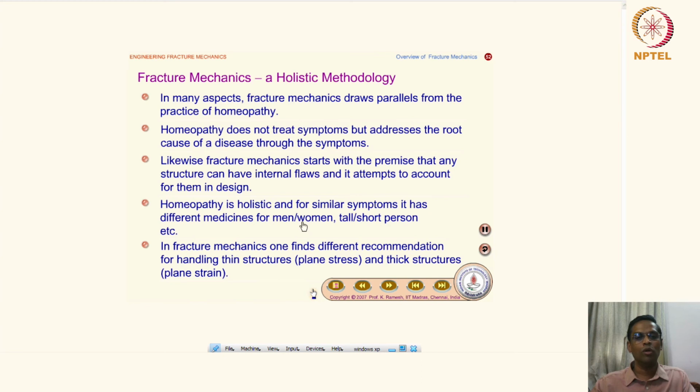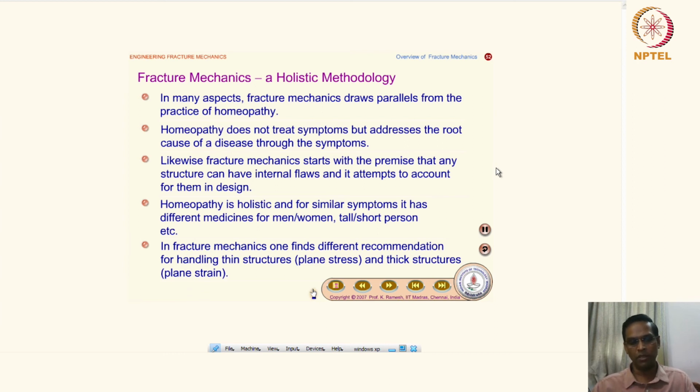Similar to homeopathy, in fracture mechanics, one finds a different recommendation for handling thin structures, which is considered as plane stress, and thick structures as plane strain. So Professor Ramesh's view is that in fracture mechanics, you have case-specific solutions.